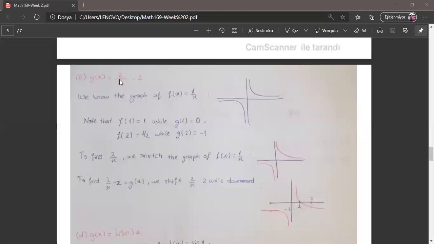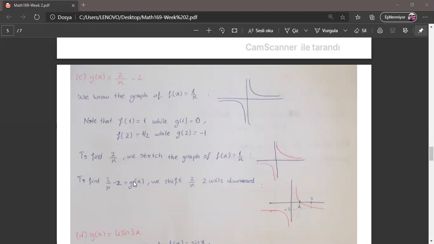It's clear that 2 over x is obtained by multiplying this function by 2. So we need to stretch the graph of f. On the graph, it looks like there is no change, but actually we stretched this one's graph.